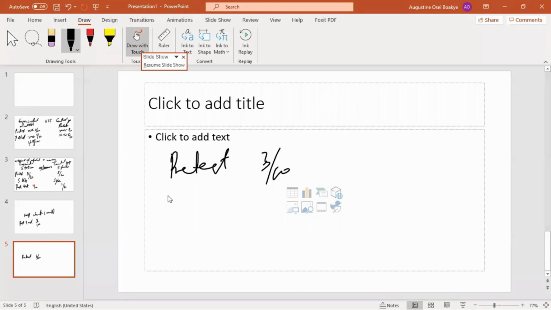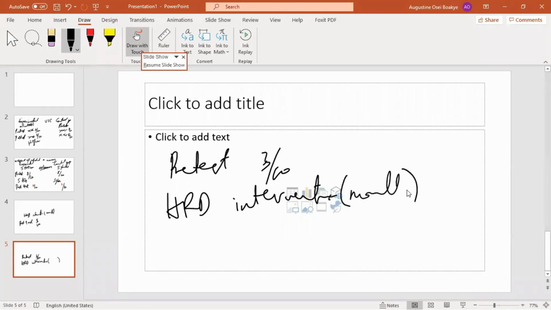Then you administer the HRD intervention depending on the number of weeks or months. Then right after that, you administer the post-test. Then you record. Assuming at the post-test level, the average score is 2/10, what will be your conclusion as far as the HRD intervention was concerned?